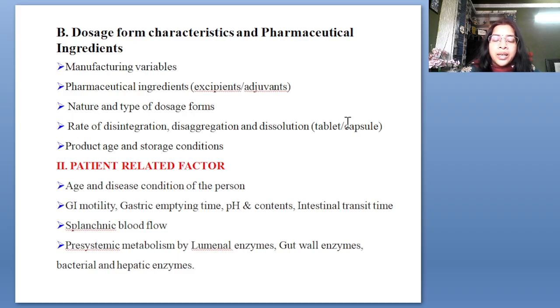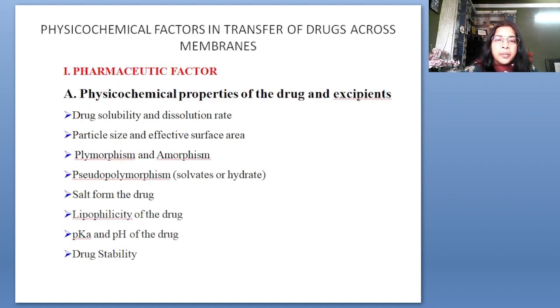Then patient-related factors, in which age and disease condition of the person, GI motility, gastric emptying time, pH and content, intestinal transit time, splanchnic blood flow, and pre-systemic metabolism by luminal enzymes, gut wall enzymes, and bacterial and hepatic enzymes. So here, drug solubility and dissolution are important. Particle size and effective surface area are also very important. Most of the absorption takes place in the intestine.